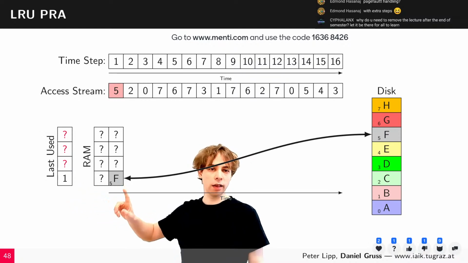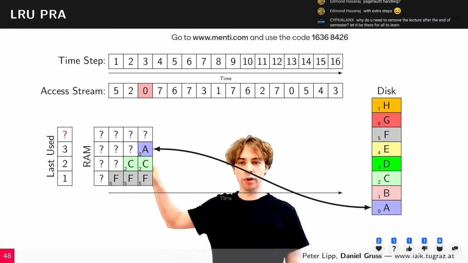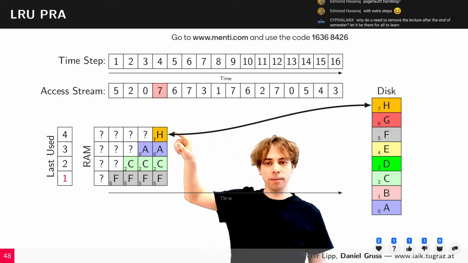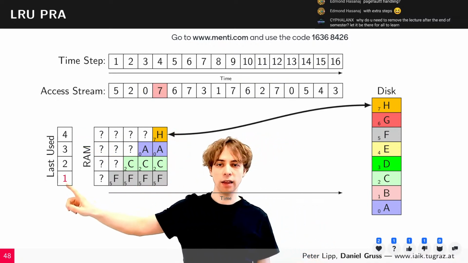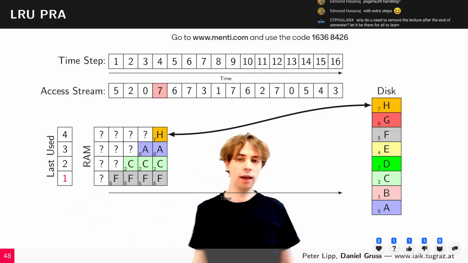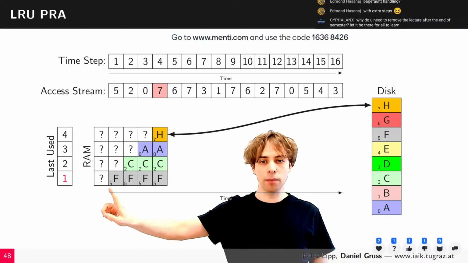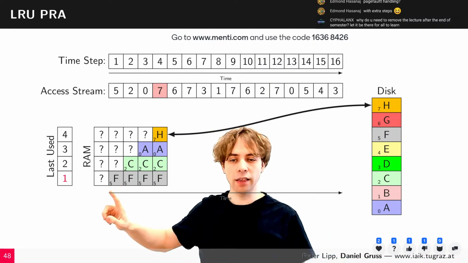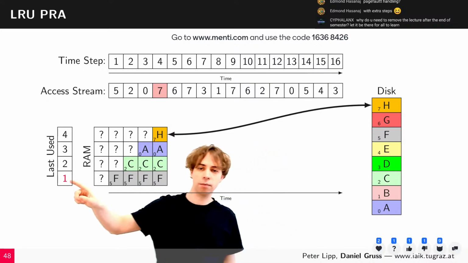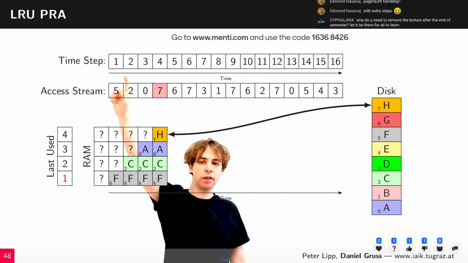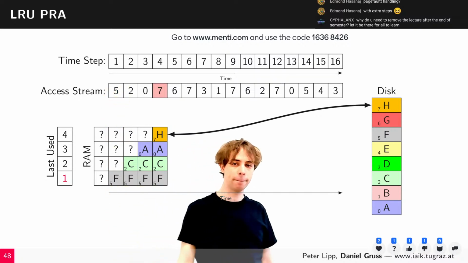Okay, so we set timestamp 1 here, timestamp 2, timestamp 3. This one is the eviction candidate now, and it's evicted. And now we can see that this one is the least recently used one. Entry number 5 contains an F, and it has been used at timestamp offset 1.